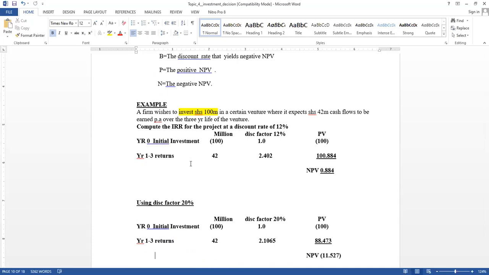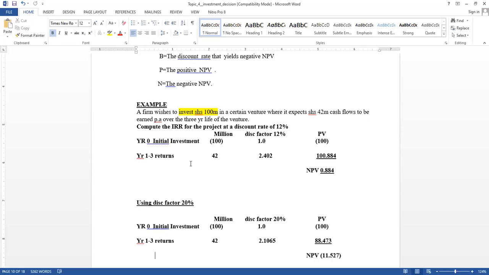We have said take the highest, because if you choose a rate which is too close, you may end up getting another positive NPV, and you'll be wasting a lot of time, because you would have taken time to go through those computations, and then you find that it has given you a positive again, and then you have to do it again. Time is running and you're chasing time.